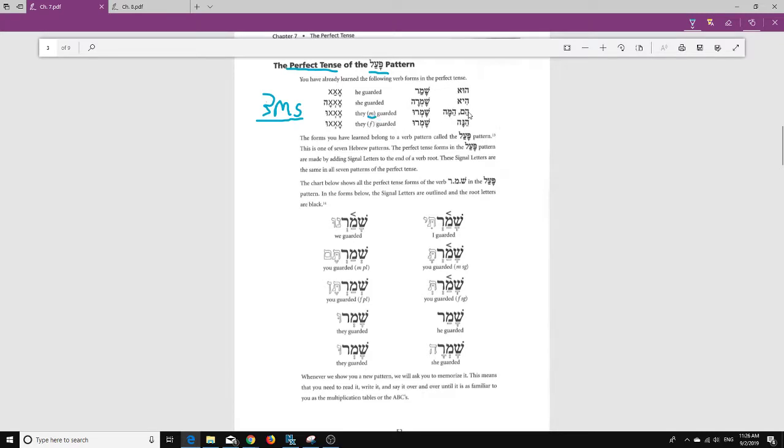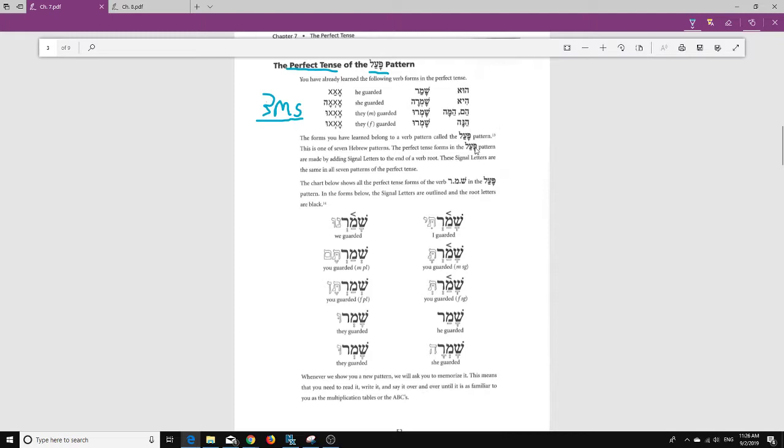The masculine form has a mem right here and right here. So masculine mem. Maybe that will help you remember. And then hena shamru, they guarded. And again, pointing out, although there's different pronouns, if you just have the verb itself, it's the exact same for the masculine, feminine, plural, third plural, to be precise.